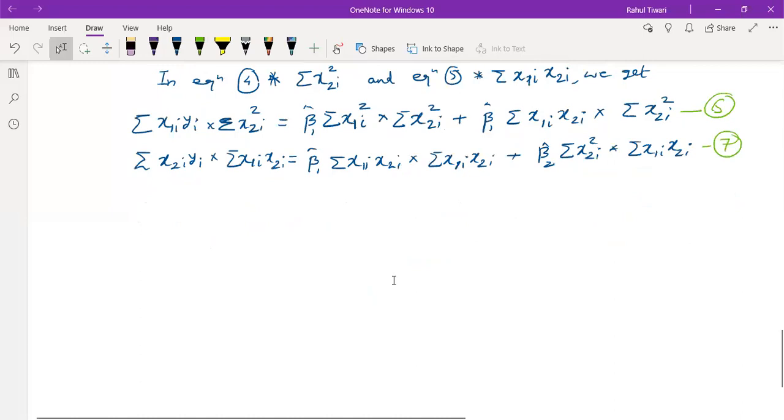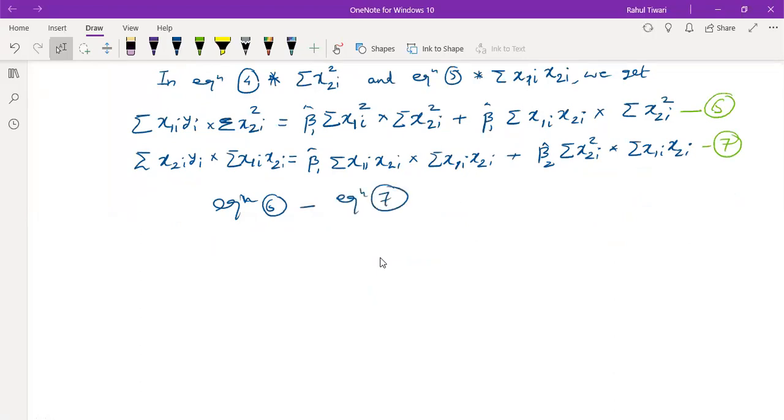Then let me know first, because for your entire expression now, do equation 6 minus equation 7. Subtract equation number 7 from equation number 6.